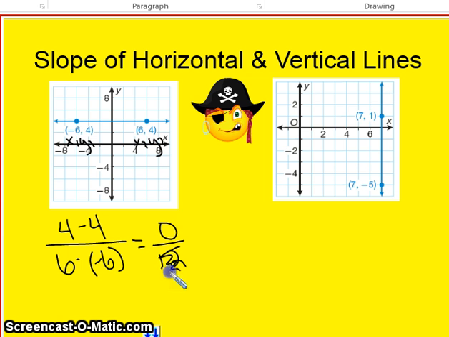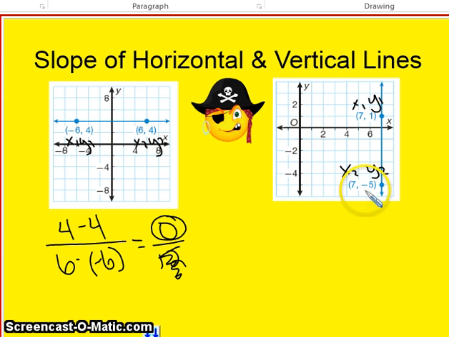But it doesn't really matter what the bottom here is. 0 divided by anything is 0. So the slope of a horizontal line is 0, and that is always true. The slope of a horizontal line is 0. Now for this vertical line, we can again do y2 minus y1 over x2 minus x1. So I'm going to label this x1, y1, and this one x2, y2.